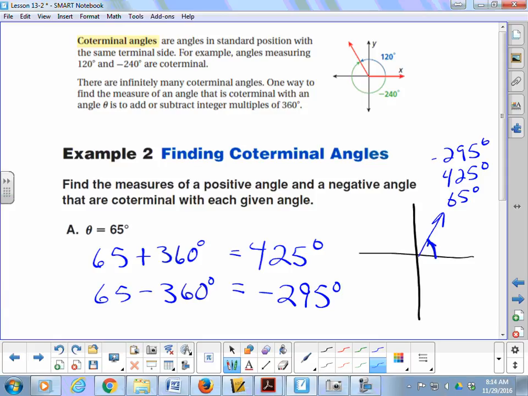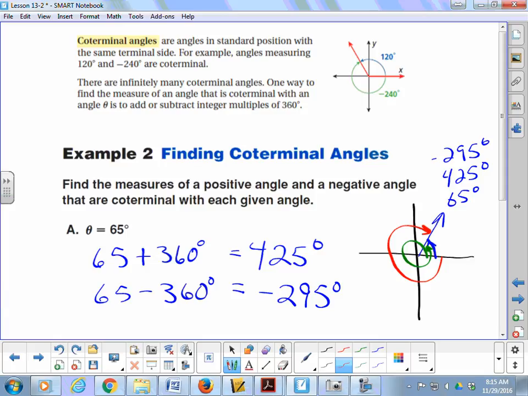Okay. So for 425 we go around one time plus to here, and for negative 295 we start here and just go this way. Okay. So they just differ by multiples of 360 degrees. Because if I wanted to get from 425 to negative 295, I'd have to subtract 360 twice.